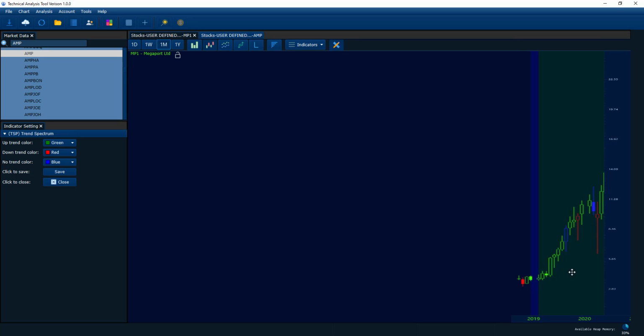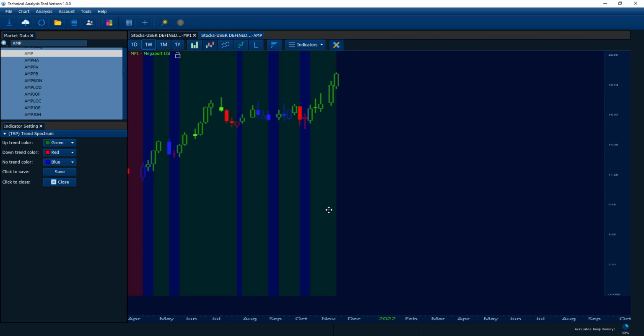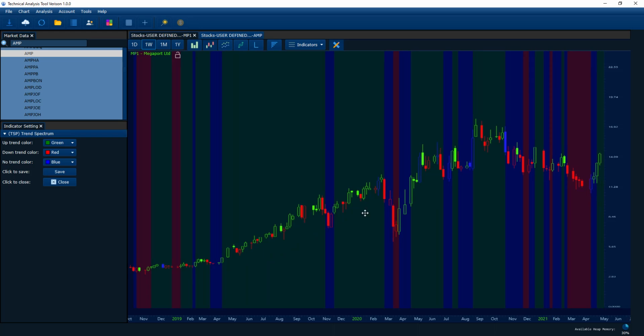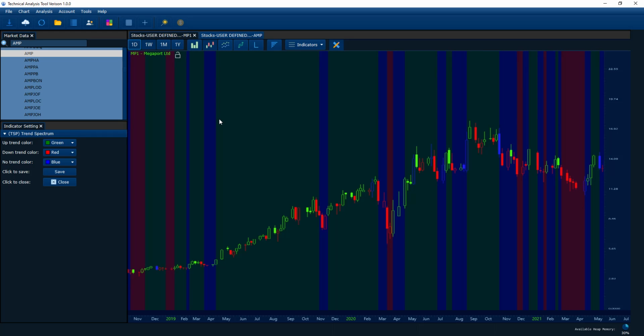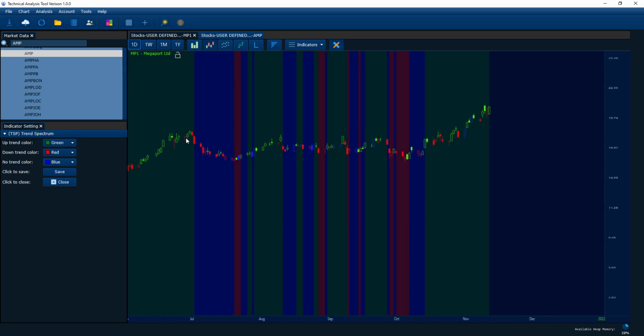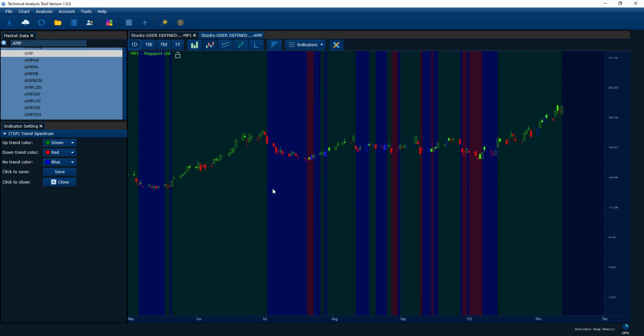That's what we normally do in the weekly chart and daily chart. On the daily chart you can also do this type of estimation. If you turn on the daily chart, the spectrum applies as well.